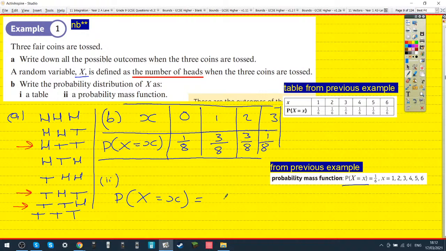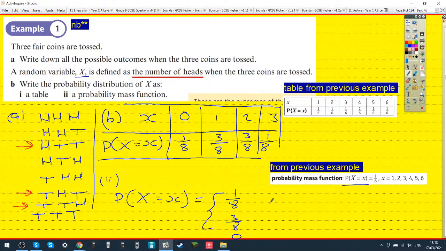This will be the probabilities first. So an eighth, 3/8.